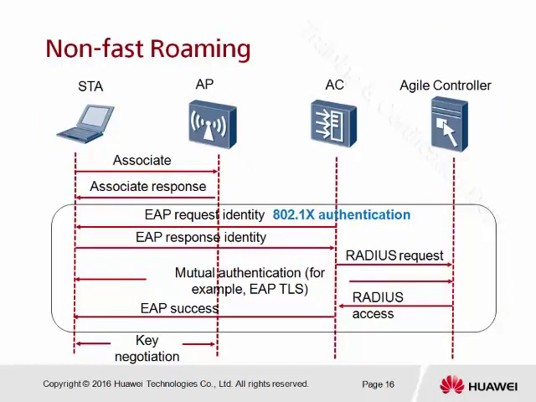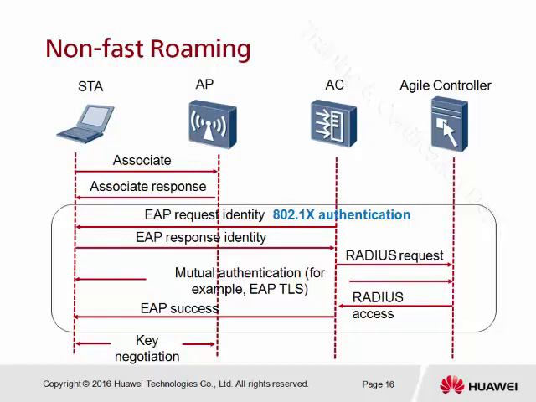So this is the process for non-fast roaming when we're using the 802.1x authentication. Starting, the PC, the STA, is required to associate with the AP. This is the first process. After the AP sends the associate response, they will start to send the EAP request identity to the AC.